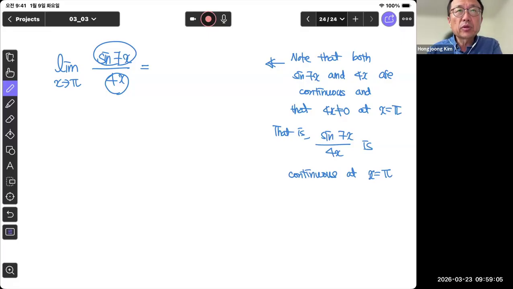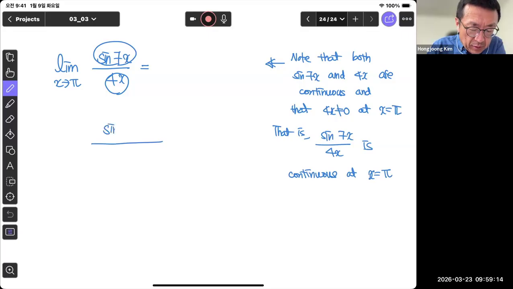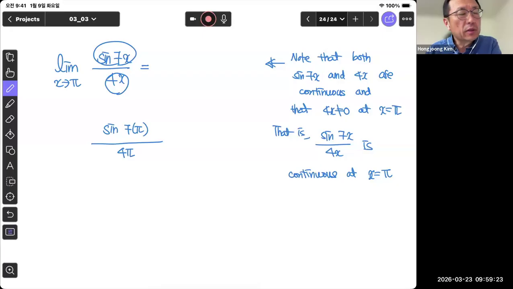So what you can do is evaluate that function at pi. You can just plug in pi: sine 7 pi over 4 pi. 4 pi in the denominator is not 0, but sine has the value 0 at 7 pi. So the value will be 0, not 1, not 7/4.